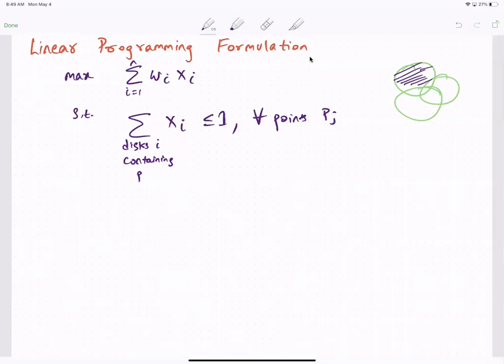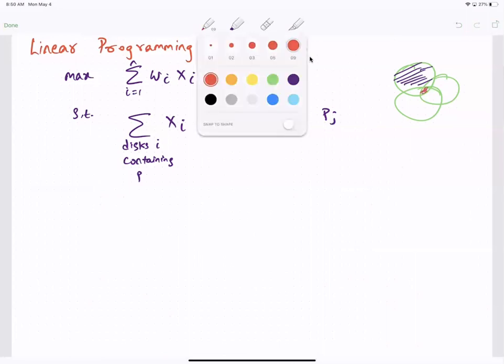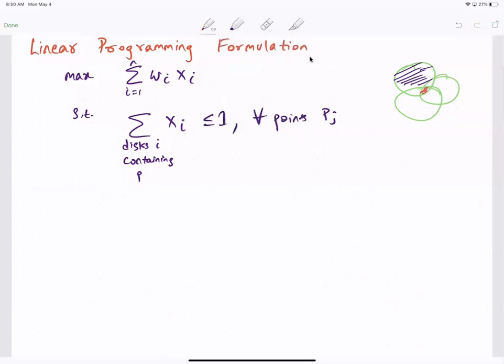The same constraint holds true for all of them because the disks covering them are the same. Similarly, if you look at this red region, for any point there, the disks covering them are the same.